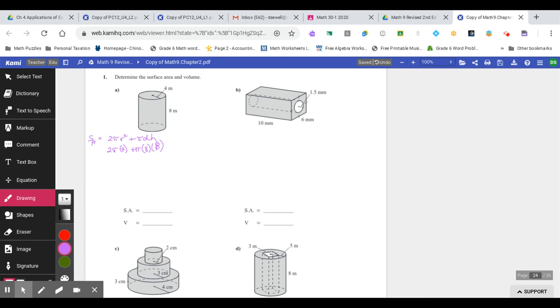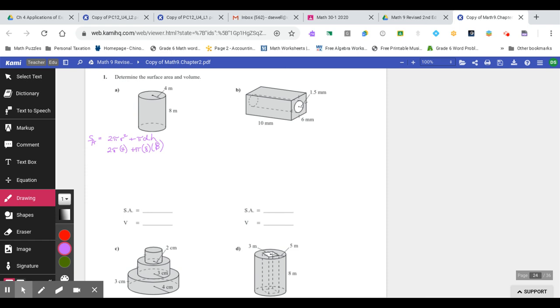On question B and D, some of these questions that have holes inside, you're going to drop that shape into a bucket of paint. So when you find the surface area on part B, for example, you're going to have to find the surface area of the rectangular box. You're going to have to subtract the 2 end circles where the holes are, but you will have to add in the wrapping paper on the inside.